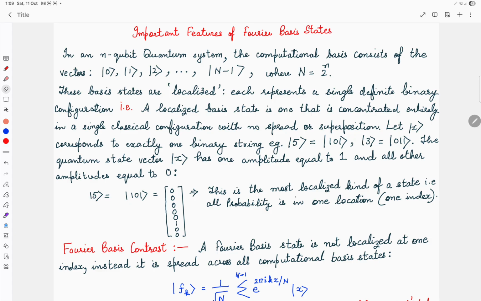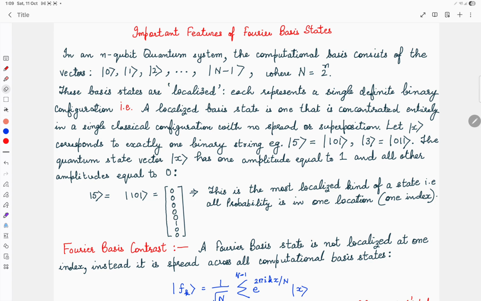These basis states are localized. This is very important. Basis states like ket 0 and ket 1 are very localized. What do I mean by this? For example, if you have a 3 qubit quantum state, how will this basis state be represented? It will be a column vector with 1 at one position, and all the other positions will be 0.